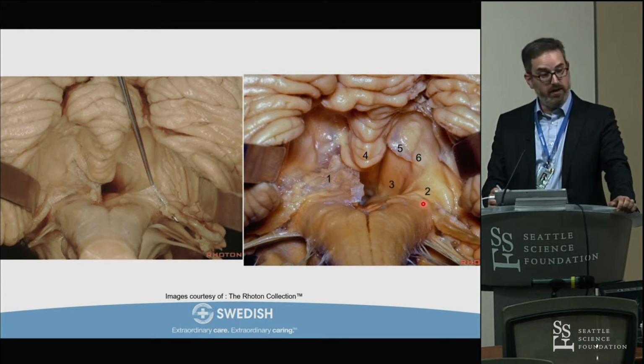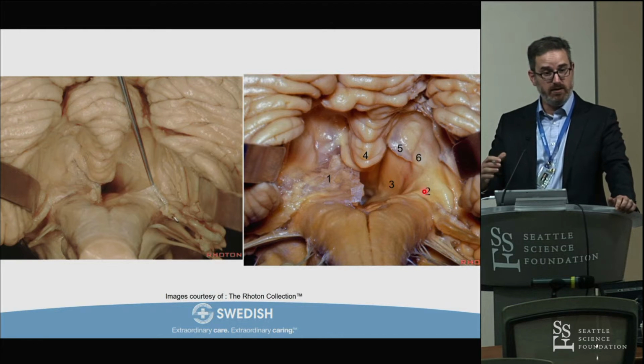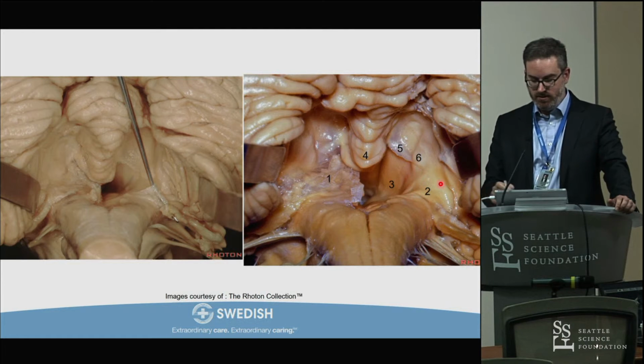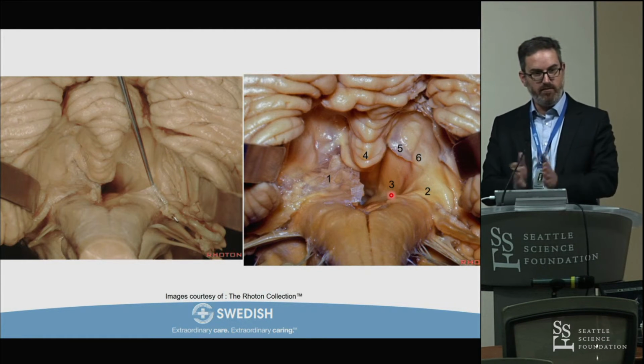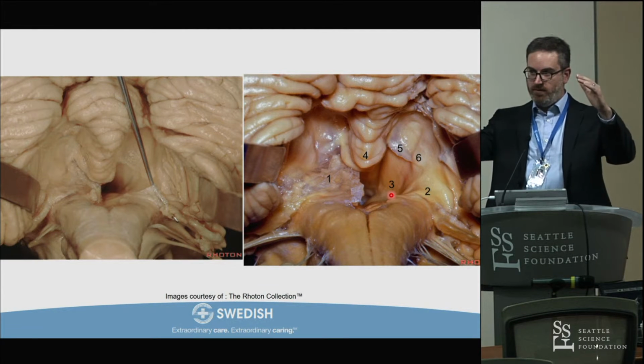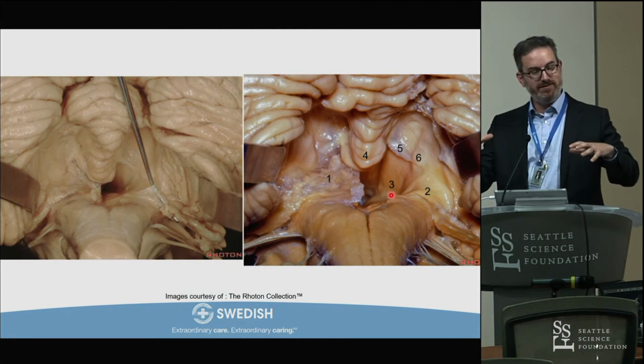And then just below it, so here's how you localize it. The first outcropping just above these tracts that are running from medial to lateral is your dorsal nucleus. Those tracts run from medial to lateral and basically divide the floor of the fourth ventricle into an upper and lower part. Anybody know those tracts?